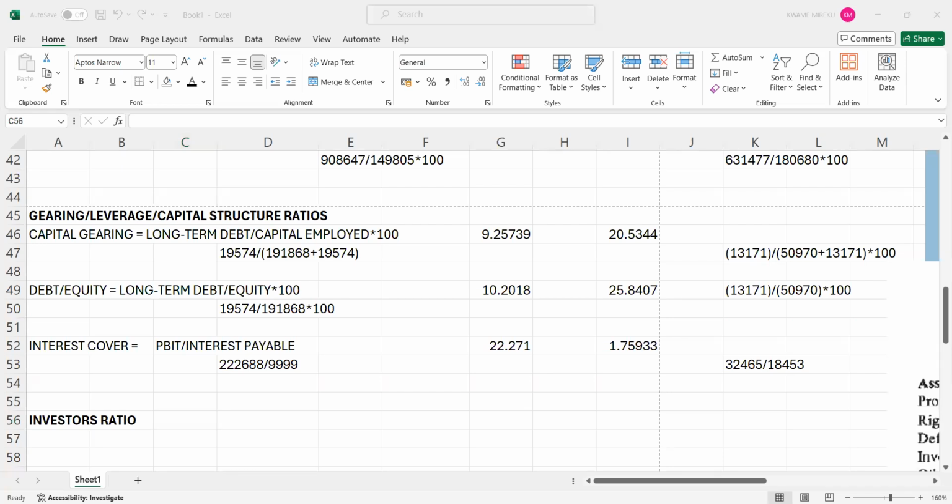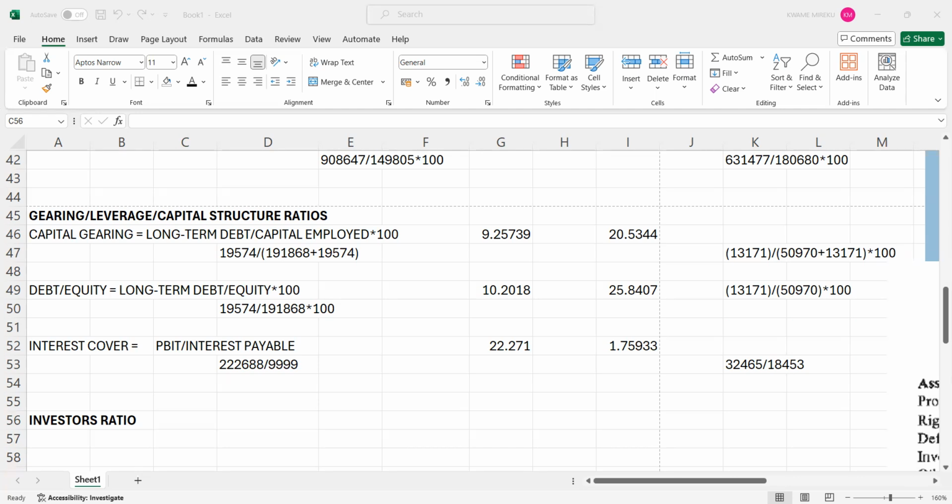Sometimes we need a lot of information for the investor ratios. At least we can do return on equity, which I know should be readily available. Dividend per share: if you can get the number of ordinary shares, I think you can work that one out easily. Earnings per share too can be worked out.